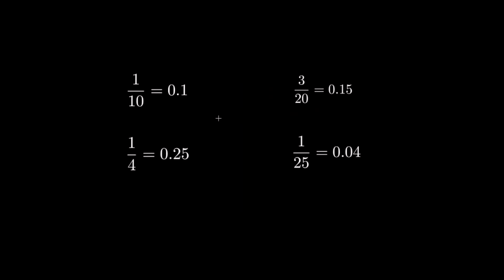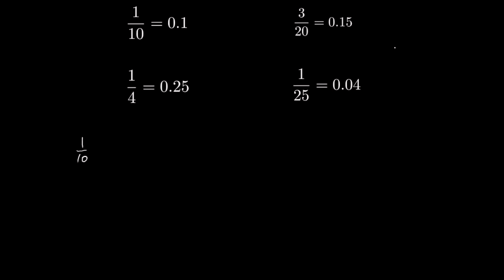Let's find out. Here we have a few simple terminating rational numbers. Note that all these fractions terminate beautifully, but look closer at their denominators: 10, 20, 4 and 25. Did you know we can write every single one of these denominators as a power of 10 using equivalent fractions? Let's see. 1 over 10, here the denominator is already a power of 10. 3 over 20.